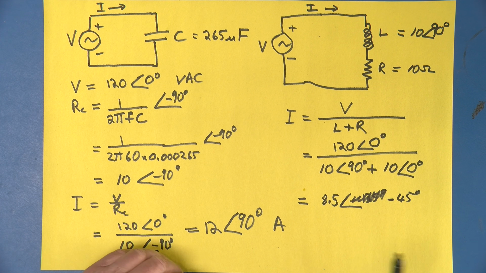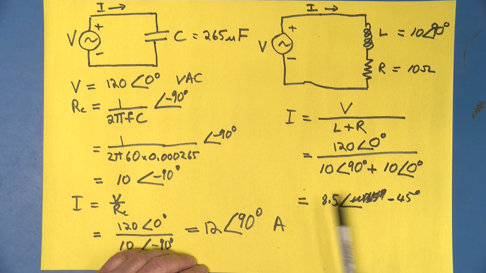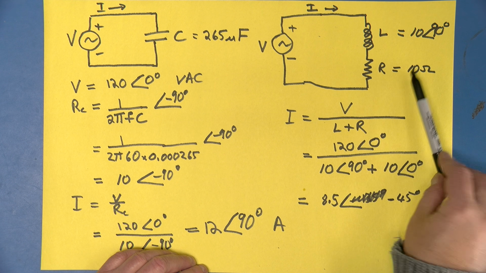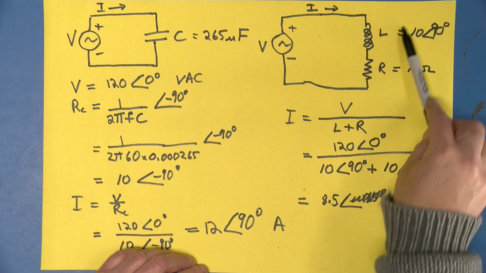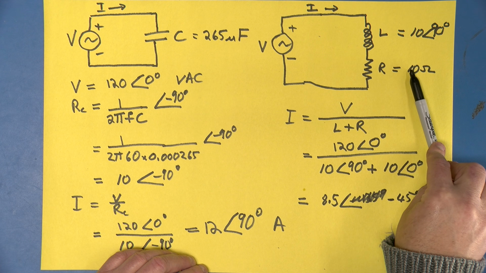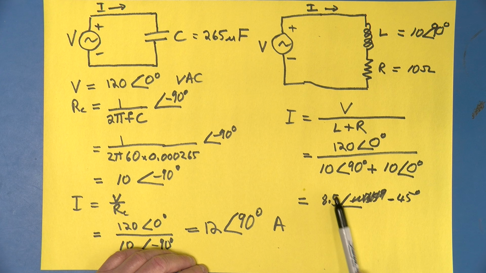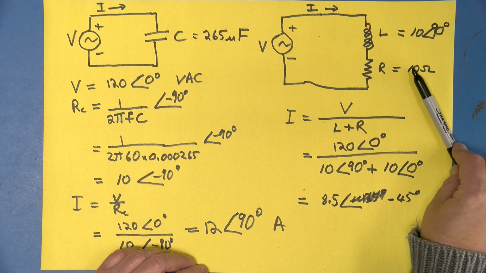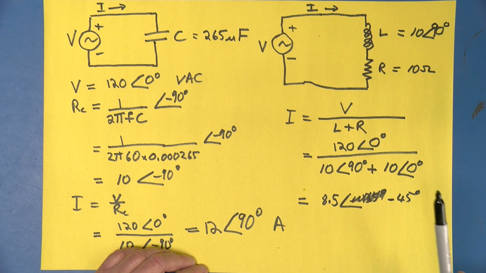Now, there are a few things we can look at when we look at this current. Well, if these were resistors here and they were each 10 ohms, we would expect 20 ohms here to have half the current. Well, we have more current than we would expect if these were both resistors. Why is that?